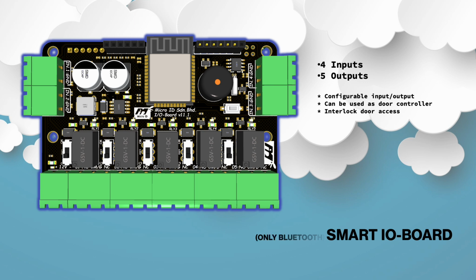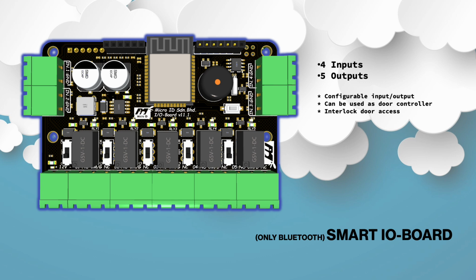This is our next board, the Smart I/O board. This I/O board has the interlock function. It has our panic button functions, and a few other functions actually. For more details you can look into our I/O board series. This I/O board accepts Bluetooth.